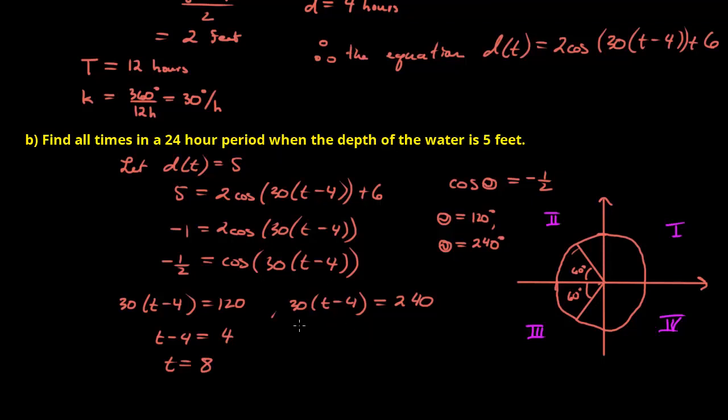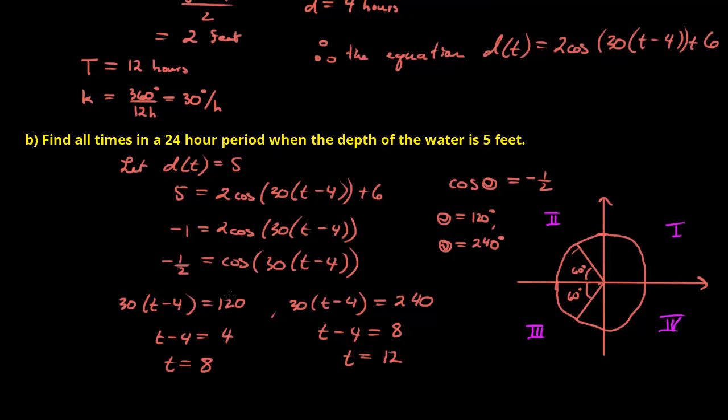If we solve this other equation, we divide both sides by 30. We get that t minus 4 is equal to 240 divided by 30, which is 8. And so t is equal to 12.